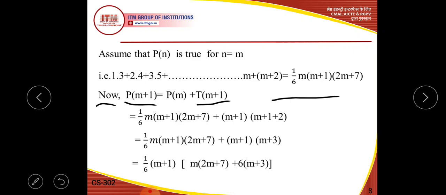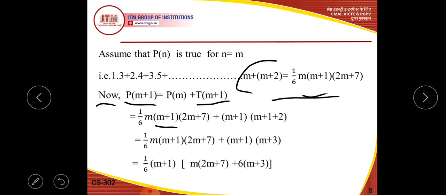Now putting the value of P of m, the value of P of m is equals to 1 upon 6 m into m plus 1 into 2m plus 1, plus. Now putting the value of Tm plus 1, we have to replace m by m plus 1.